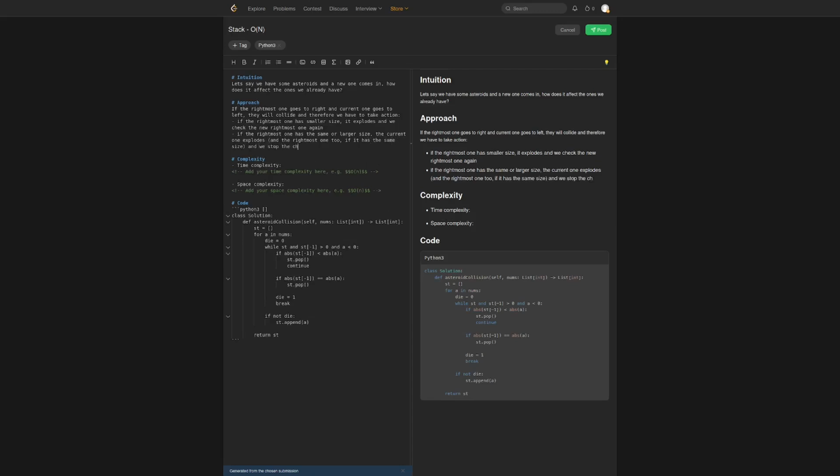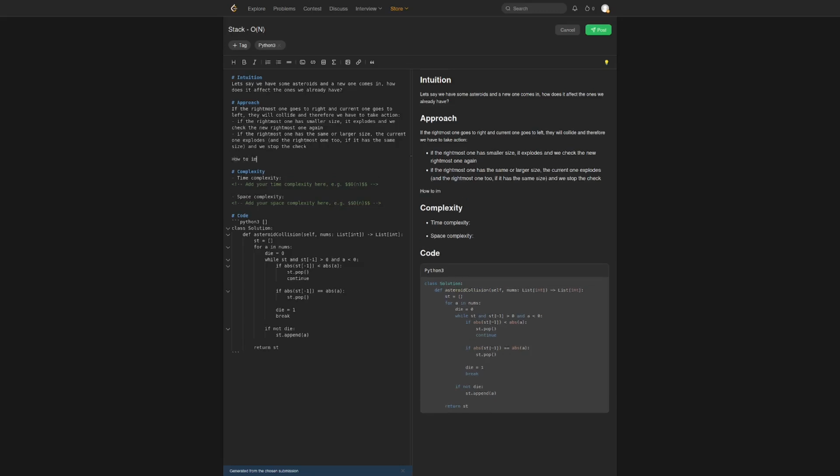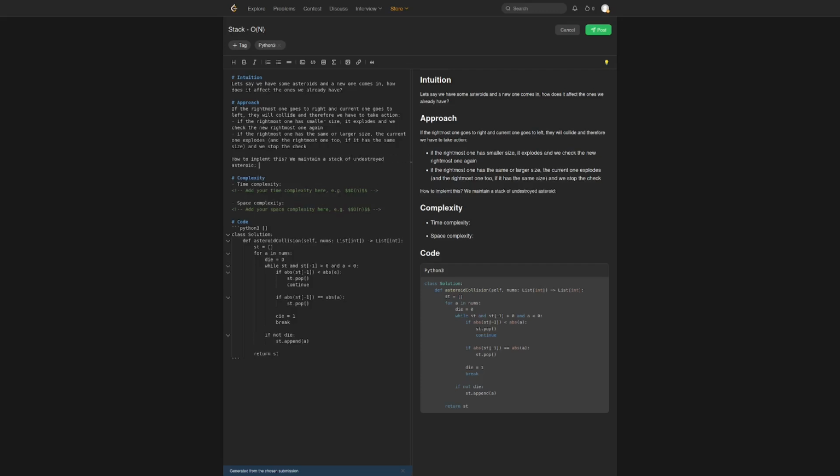We stop the check. How to implement a stack of undestroyed asteroids.